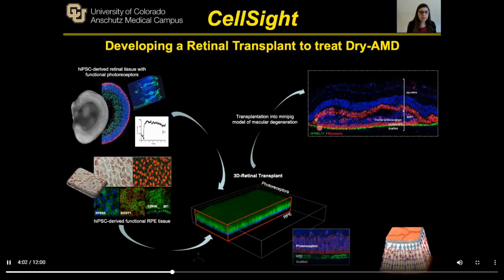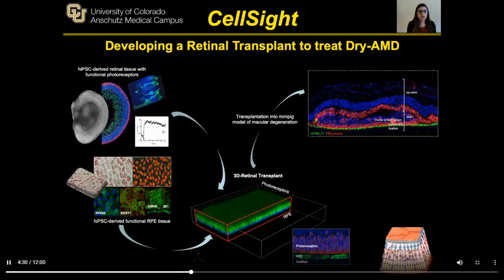Showing in green is the RPE component of the transplant, with the RPE cells labeled with human PMEL17. On top of the RPE, you can see the neural retina component of the transplant with the outer nuclear layer labeled in recoverin. And you can also see here the remaining outer nuclear layer that is still present in the pig retina, sitting on top of the transplant.